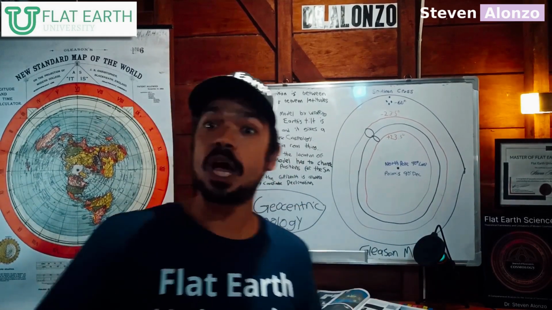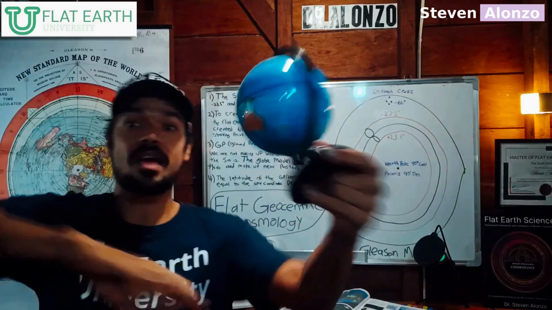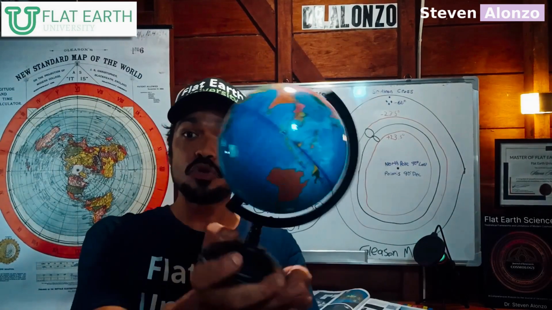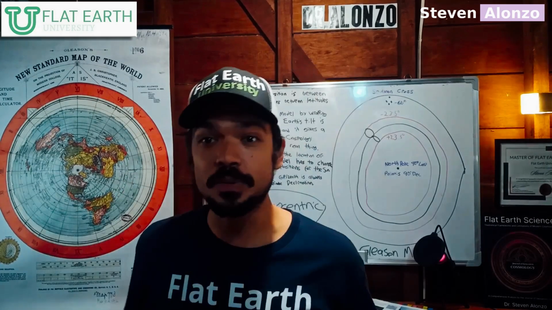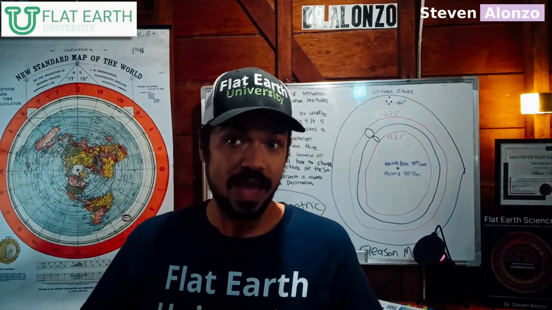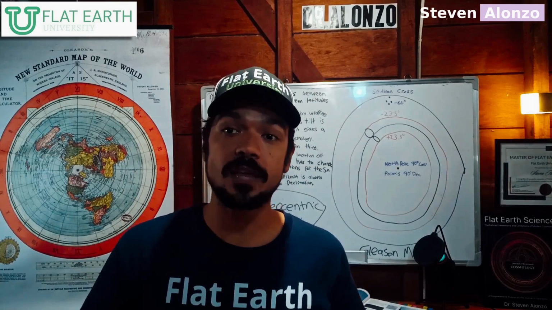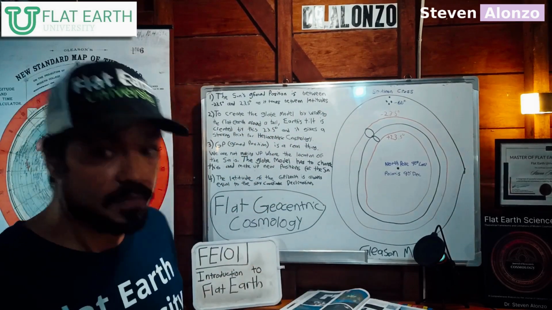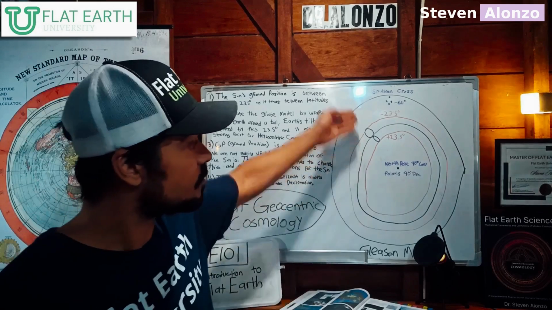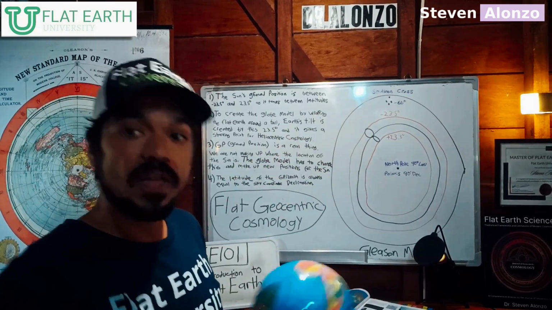So they took the sun, they placed it way up there, they have everything rotating around like crazy. So to do that, you have to tilt Earth. Earth is now tilted 23.5 degrees. And you have to, because you're trying to compensate for what actually happens in real life. If we know that in real life the sun will be traveling between these two paths, you'd have to tilt it like that.